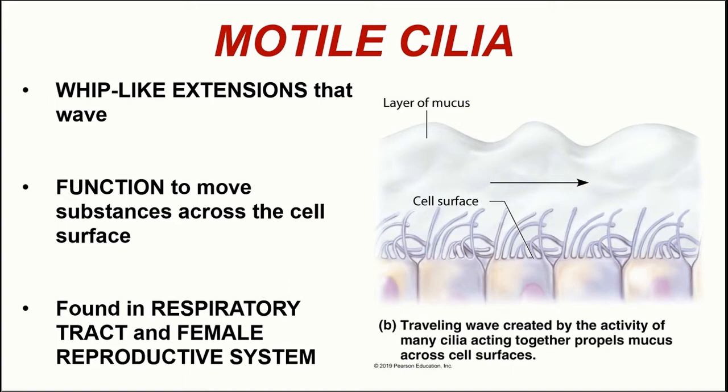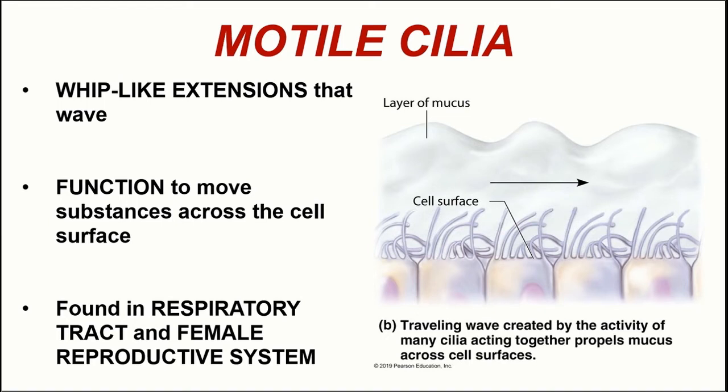And instead of functioning in absorption like we saw in microvilli, they function to move substances. These motile cilia function to move substances across the surface of the cell. So we're talking substances like water or mucus or body fluids and things like that. So they're moving these substances across the surface of the sheet of cells that contains cilia on them. They're found primarily in two locations.